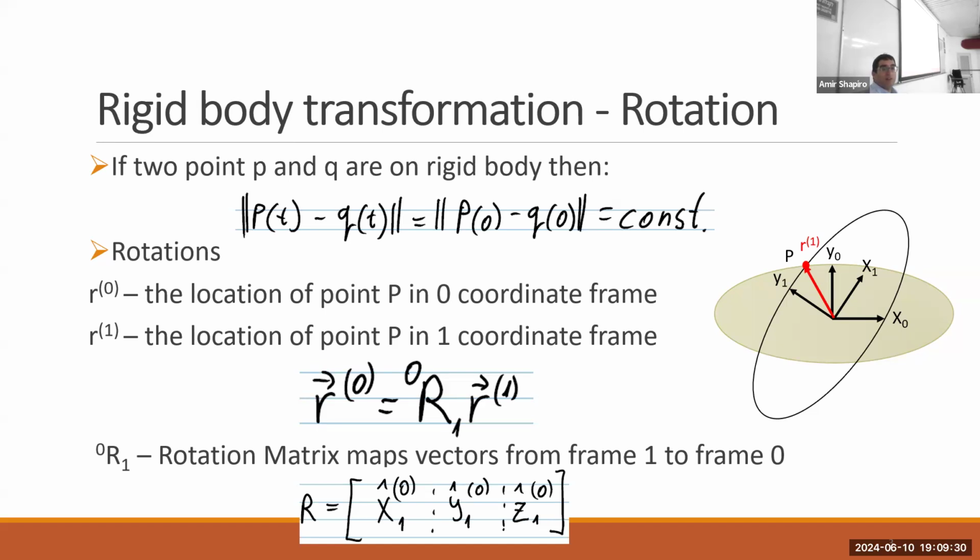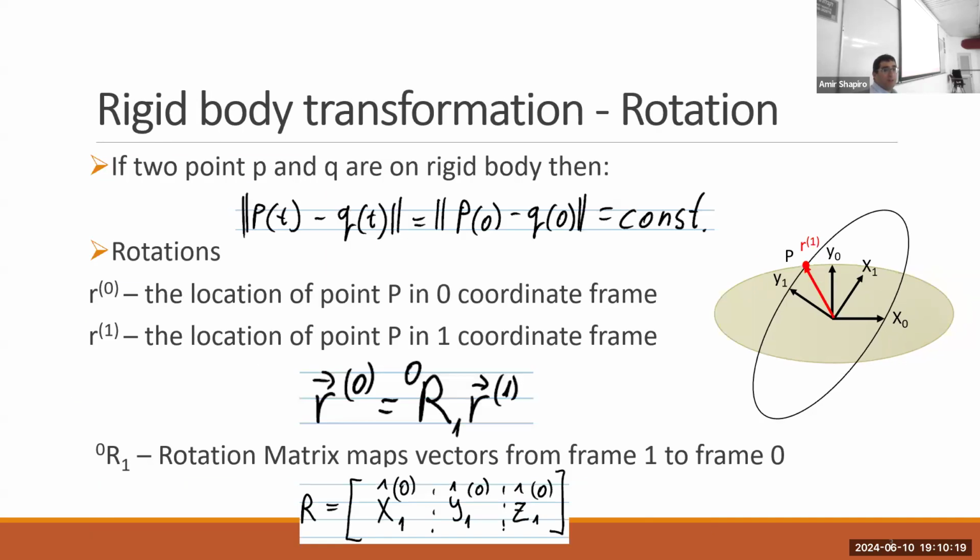A point or a vector in reference frame 1 is transformed into the same vector in reference frame 0 by multiplying the vector with a rotation matrix, where the rotation matrix is composed of the base vectors of the first reference frame as they appear in the zero reference frame.